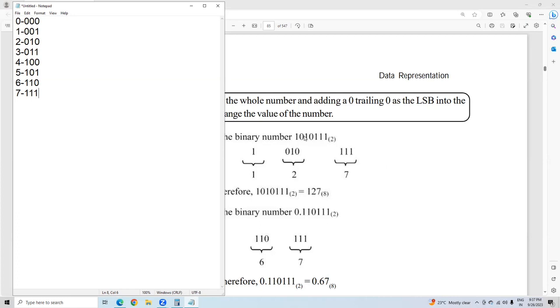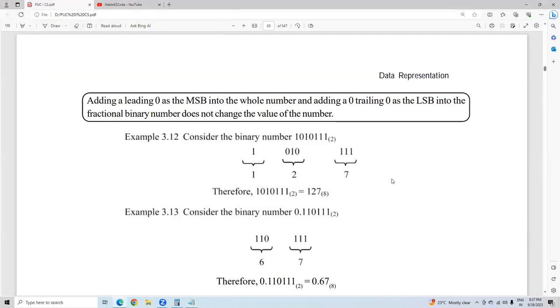Based on that, the first digit 1 means 1, 0 1 0 means 2, 1 1 1 means 7. That is binary to octal conversion. So 1010111 base 2 is equivalent to 127 base 8.